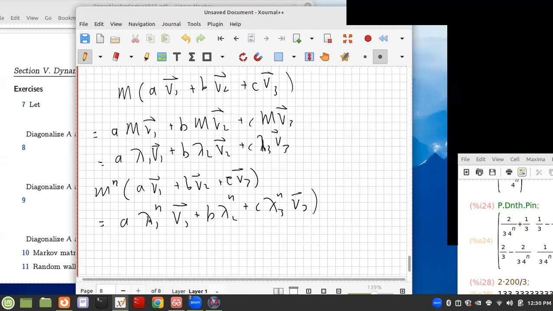Now, if this is a Markov matrix and lambda 1 is the largest eigenvalue, which is 1, this is basically equal to A times V1 plus B times lambda 2 to the n V2 plus C times lambda 3 to the n V3.